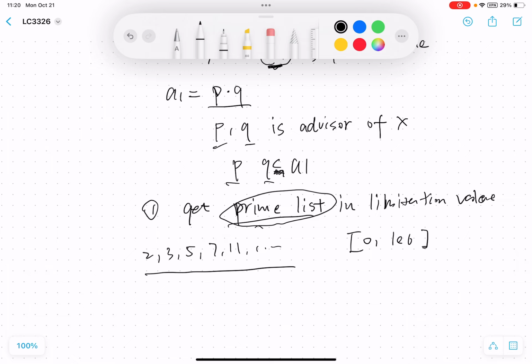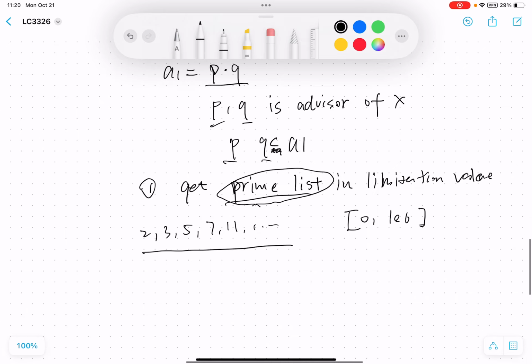So for every operation, we can check whether every prime divides x. If it does, x will become the smallest such prime. This is what we can do to get the value after one operation.